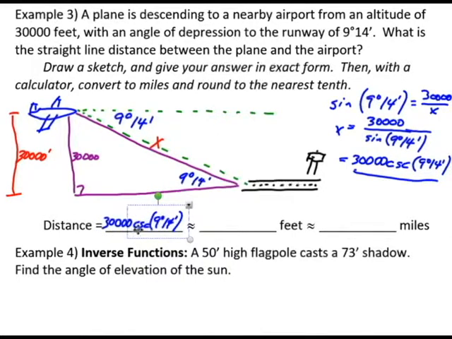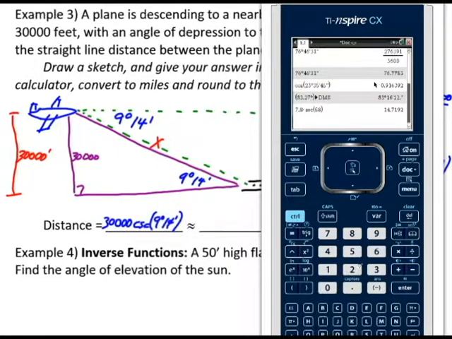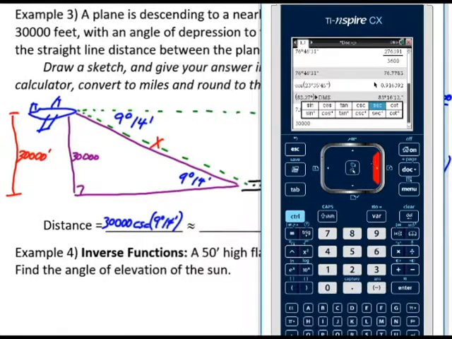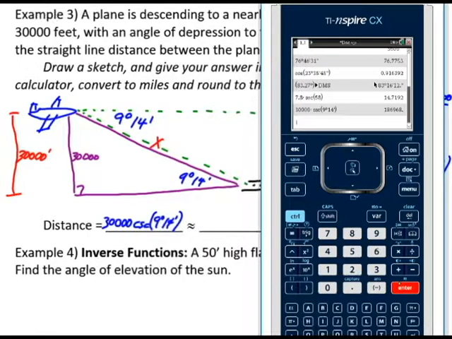Notice we use cosecant, which is the reciprocal of sine, in order to keep the answer from having fractions. Now we can put it into the calculator. So here's one answer.